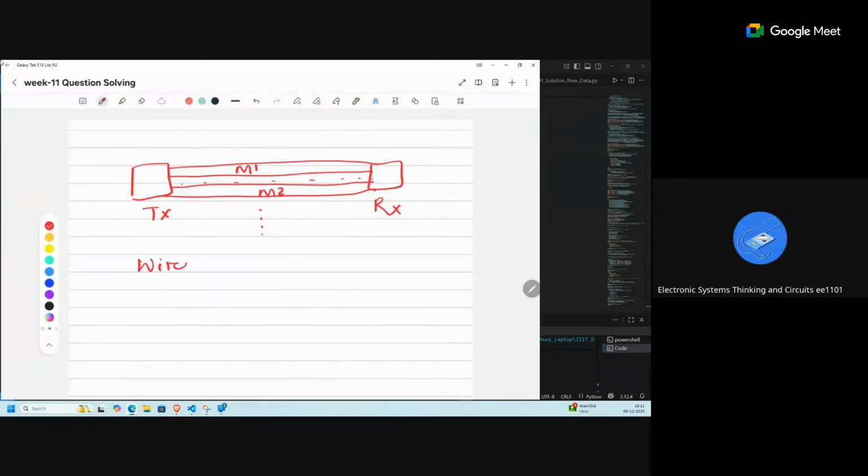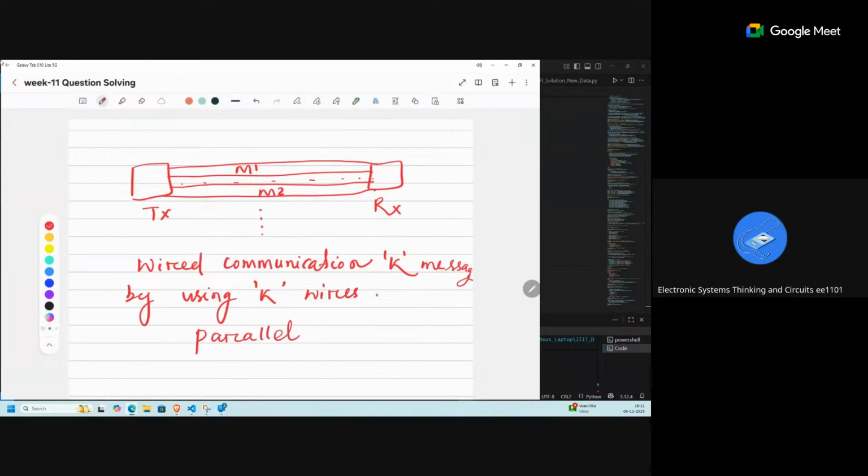If you are going for wired communication, then you have to send the K message signals using K cables or wires, right? So it is nothing but known as parallel communication. At the same time, you are able to send all these signals. Are you getting my point?